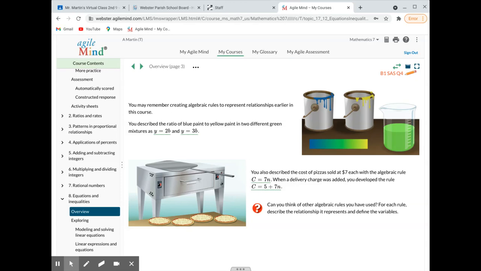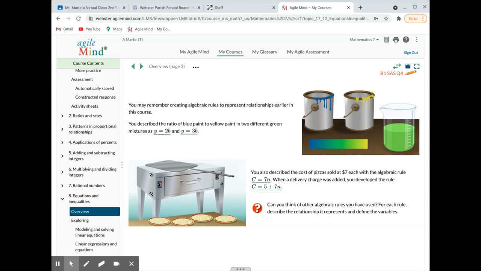And when a delivery charge was added, you developed the rule C equals 5 plus 7n. Can you think of any other algebraic rules you have used? For each rule, describe the relationship it represents and define the variables.